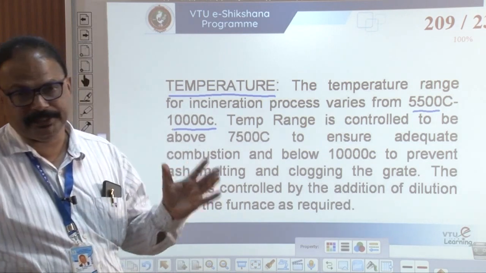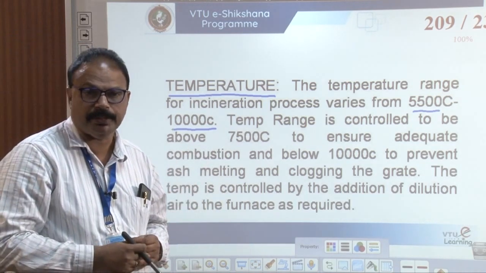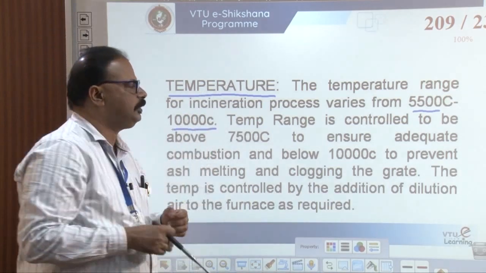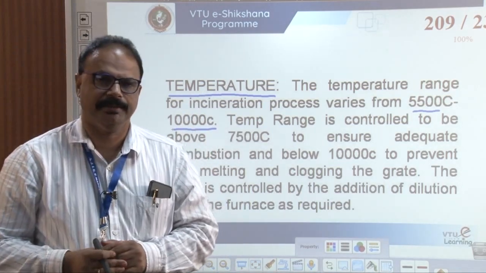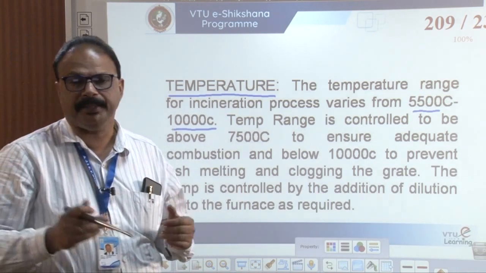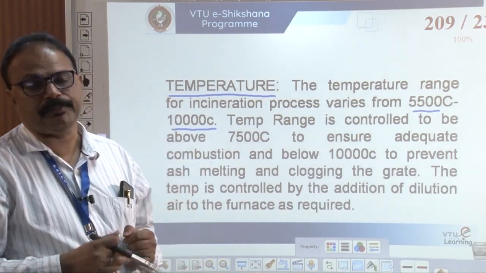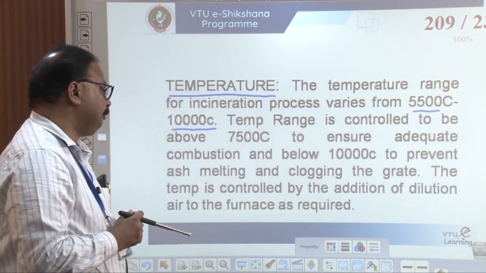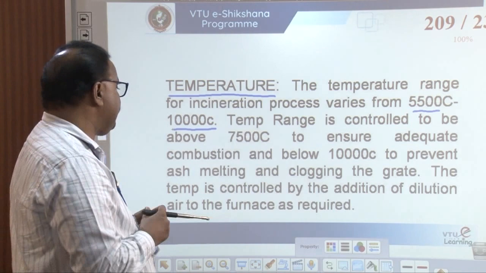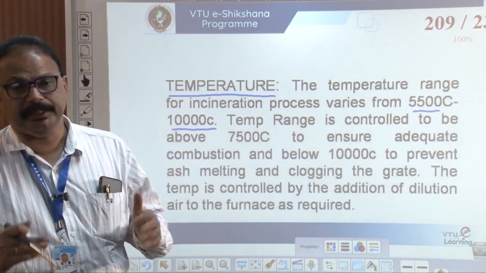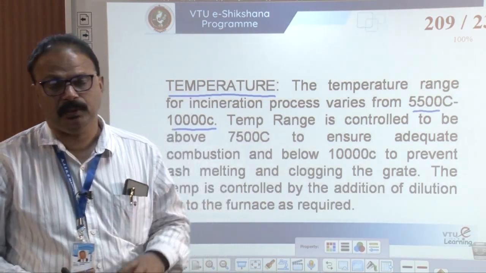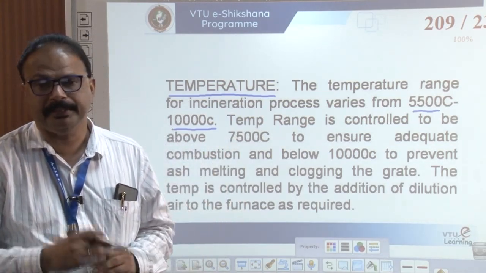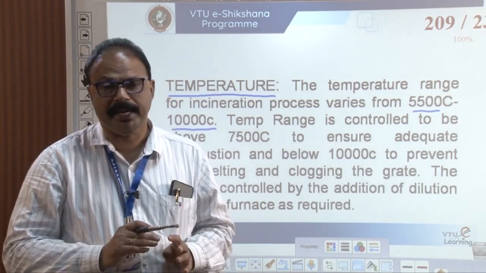In the incineration process the temperature range may go from 5,500 to 10,000 degrees Celsius. It is controlled above 7,500 to ensure adequate combustion, and below 10,000 degrees, preventing ash melting and clogging of the grate. If the temperature increases, melting takes place in the chamber, clogging of the grate takes place, and the ash melts.